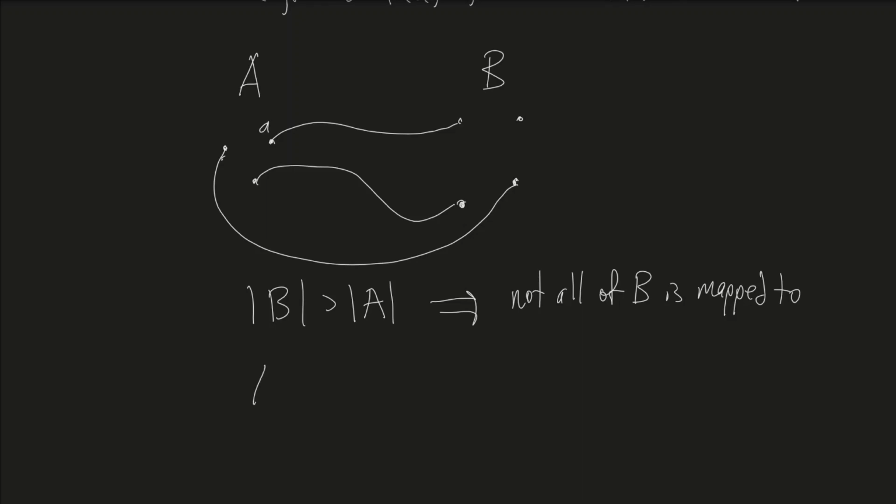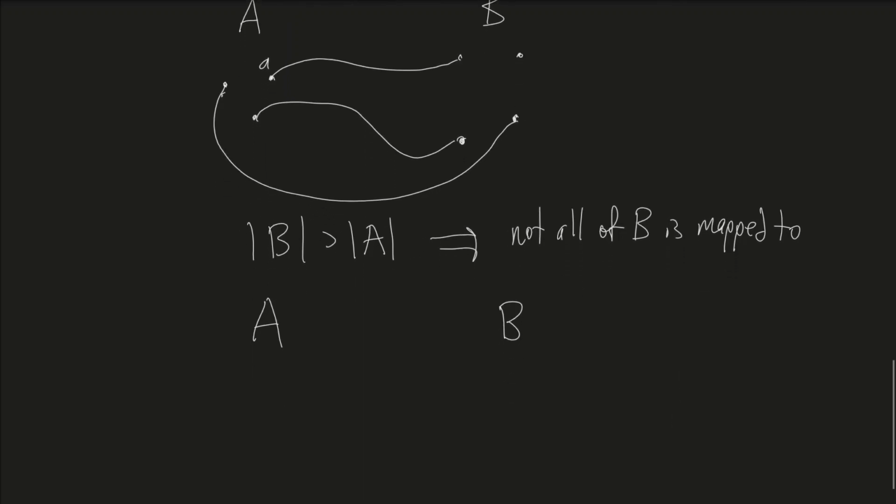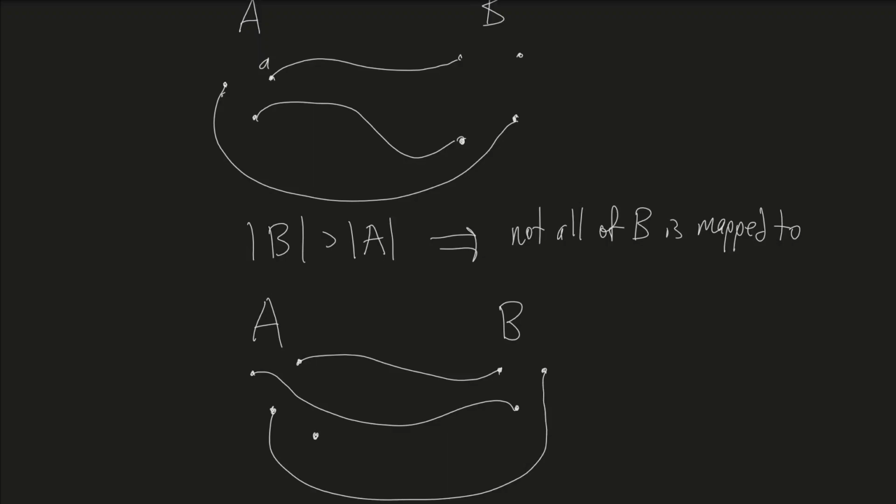Now, maybe let's consider a situation where A has more elements than B. Well, now it's pretty easy to map to all of B, right? Now we can just go here, here, here. And now this last one just has to be forced into one of the elements of B that they all have already been mapped to.